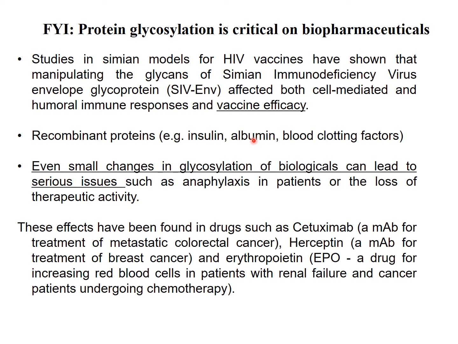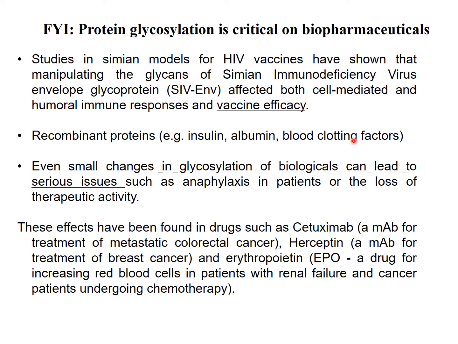So, for example, when insulin was first used in diabetes, it was porcine. It was coming from pigs, and some of the patients reacted to that one because the glycosylation pattern of the pig insulin triggered an immune response in the patients. Now, the recombinant insulin is strictly following the pattern of the human insulin, as well as the blood clotting factors.